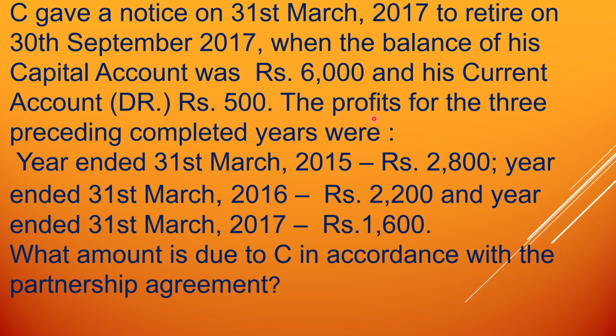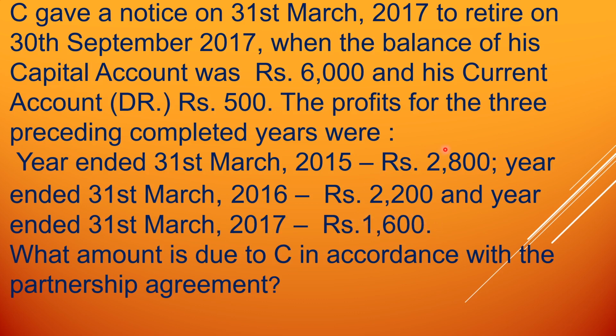Now other information regarding the yearly profit. The profit for the 3 preceding completed years: the first year, ending 31st March 2015, was rupees 2800. The second year, 31st March 2016, profit rupees 2200, and the third year, 31st March 2017, the date of notice, rupees 1600.